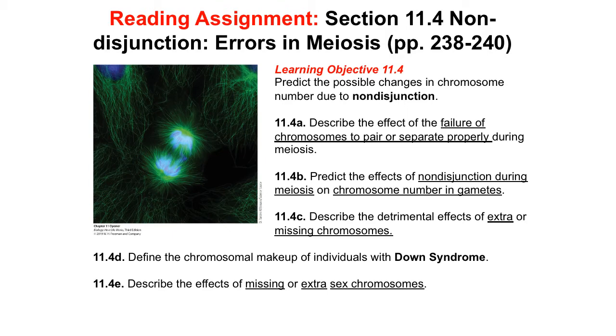Second, predict the effects of non-disjunction during meiosis on chromosome number in gametes or sex cells. Third, describe the detrimental effects of extra or missing chromosomes. Fourth, define the chromosomal makeup of individuals with Down syndrome. And fifth, describe the effects of missing or extra sex chromosomes.